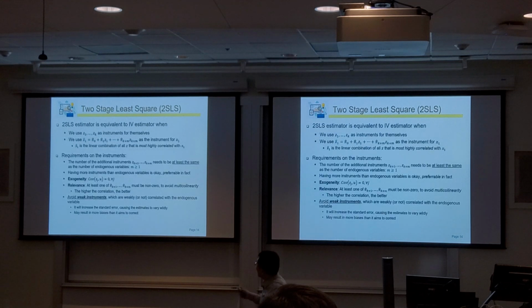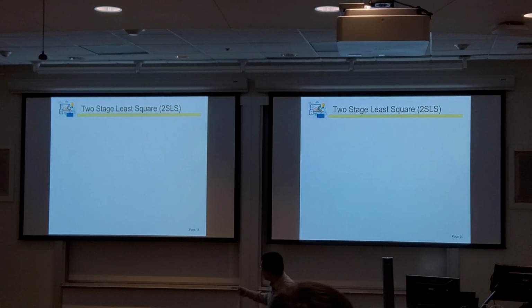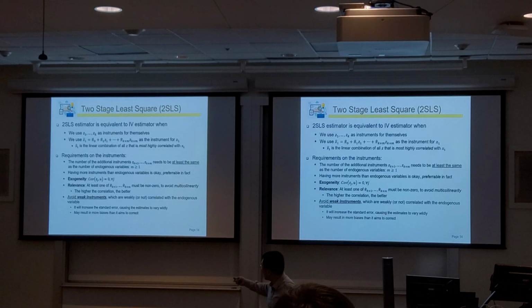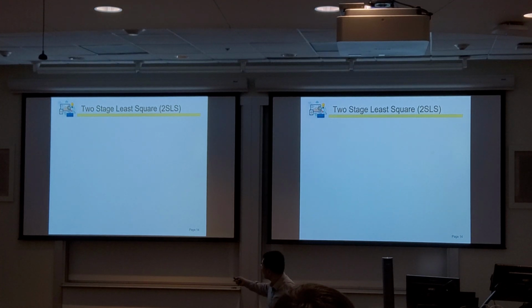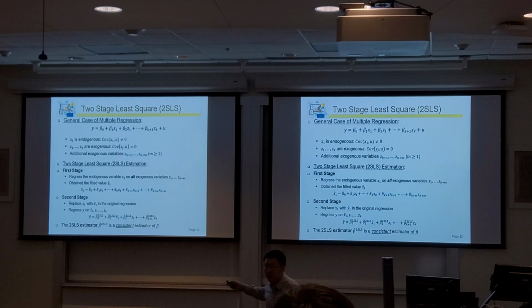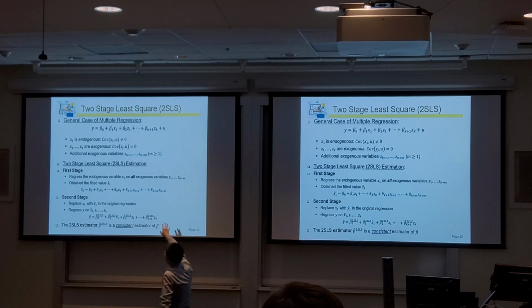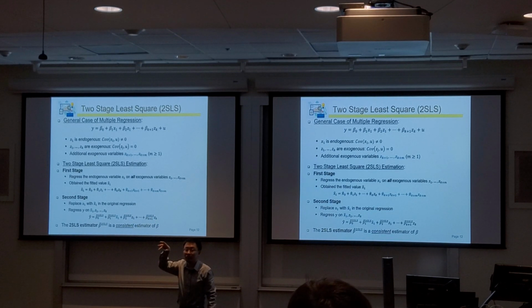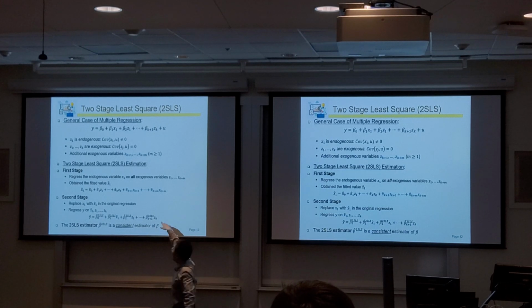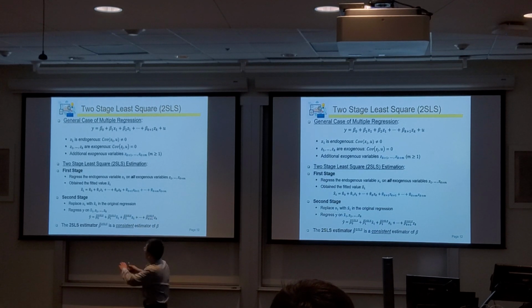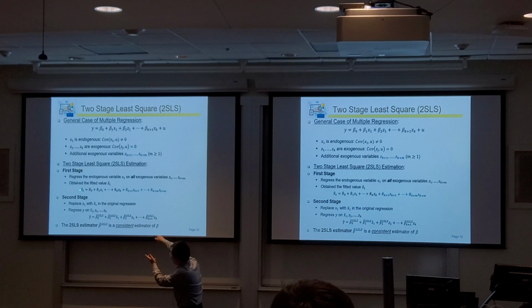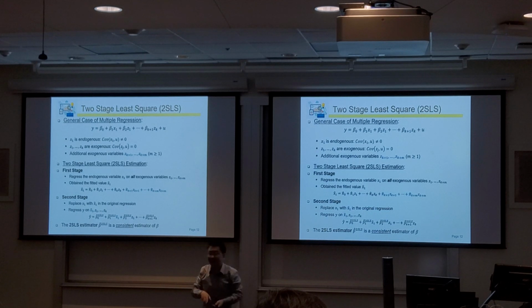Now let's take a quick look at what exactly this means. Why does this work? These exogenous variables are exogenous, right? In the first stage, we regress this endogenous X on all these exogenous X variables.